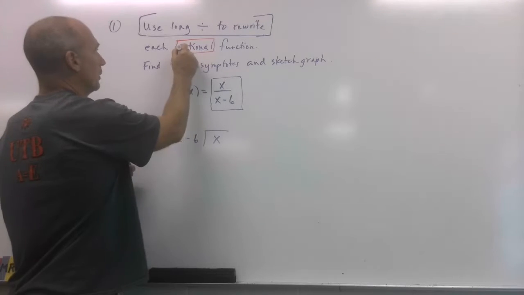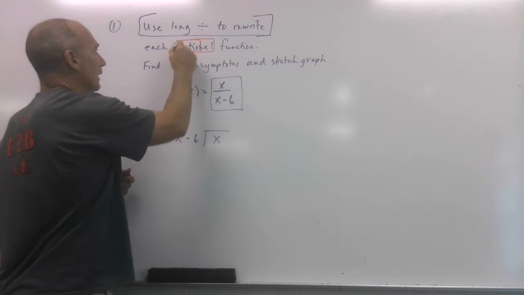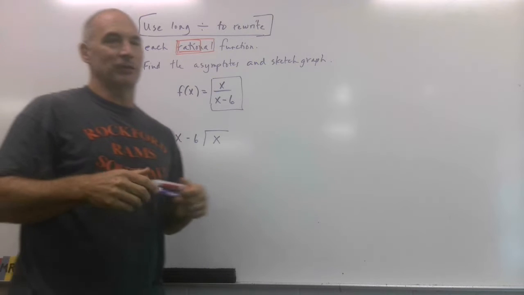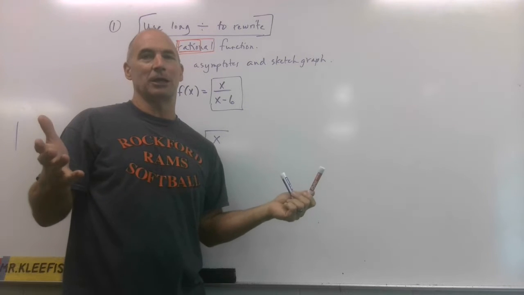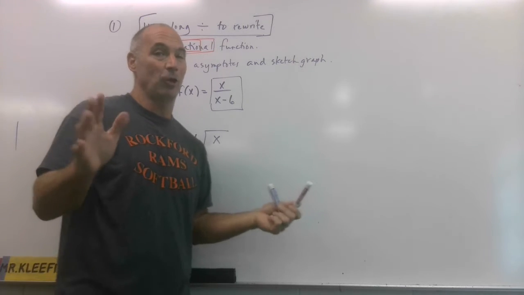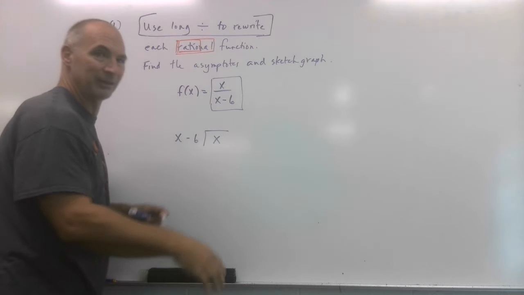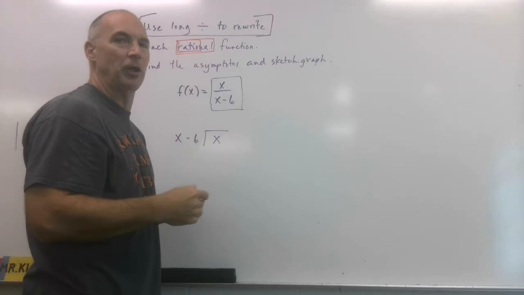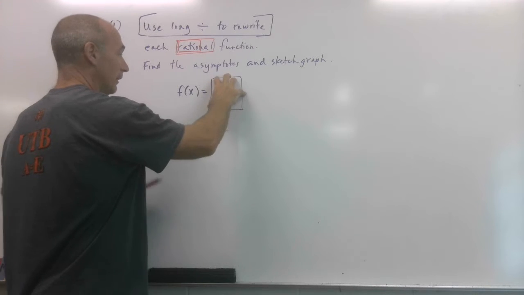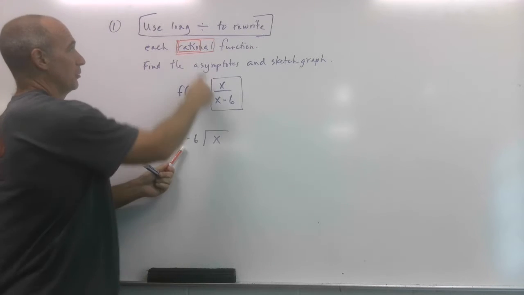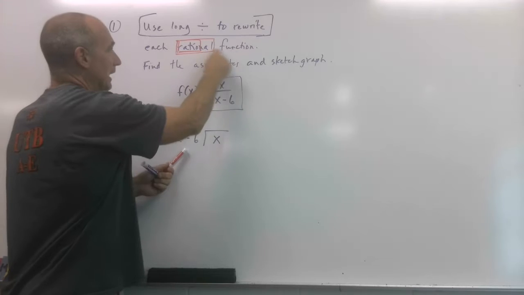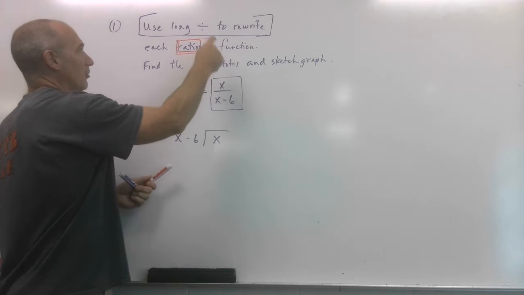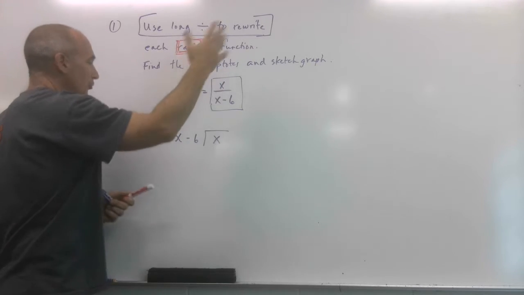Rational, the root word is ratio, and the definition of ratio could be said to be a fraction. So don't panic. You can kind of ignore it, but just so you understand where the words are coming from, they're just saying, hey, take this thing, use long division. It doesn't really matter how they explain it. It's a fraction, quotient, rational function.